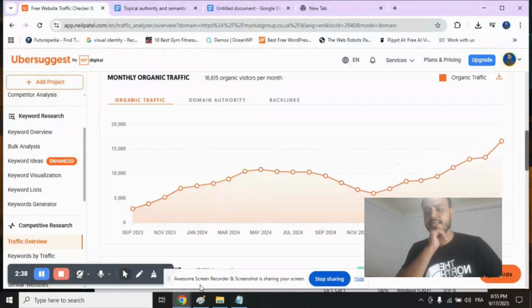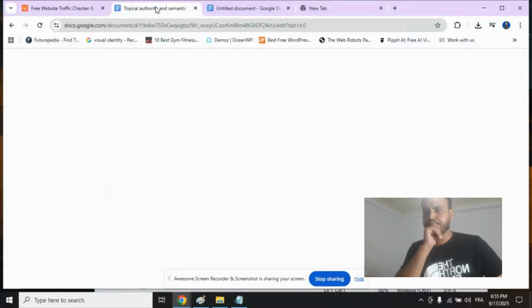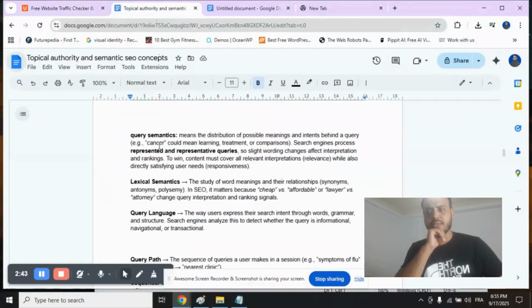Now we can see the other concepts that we haven't covered before, which is query semantics. If you want to understand query semantics, you have to understand how search engines parse the queries and how they extract information, which is called open information retrieval and open information extraction, which are two distinct things.